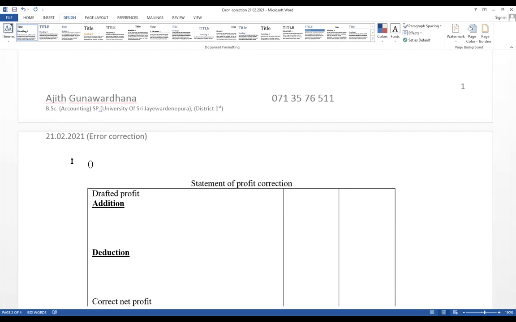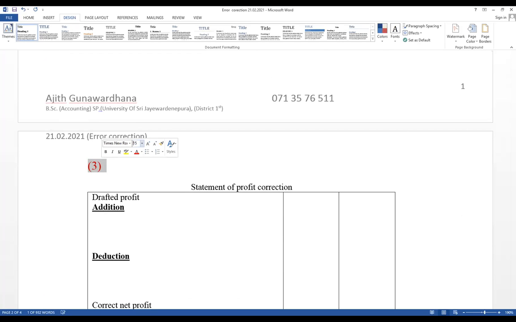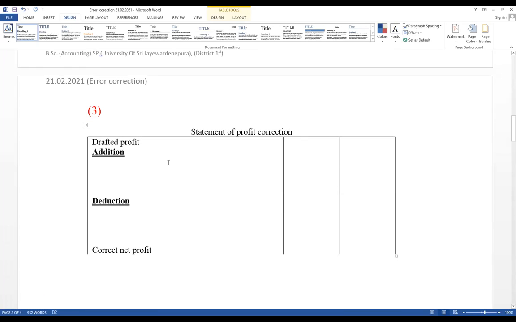Requirement 3, they ask for the statement of profit correction. It has given the profit, all the calculated value. Think about the statement of profit correction. From the beginning, the drafted profit, it has given the profit already calculated value. Then some information we have to add, some information deduct. Then correct net profit can be calculated.